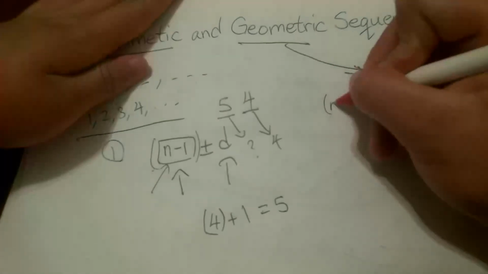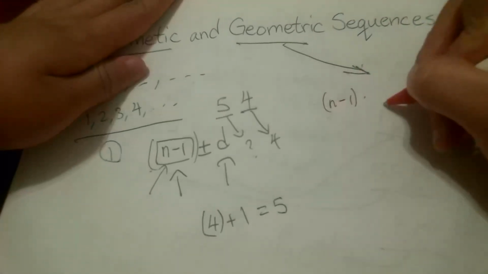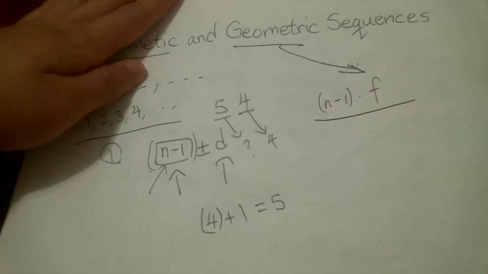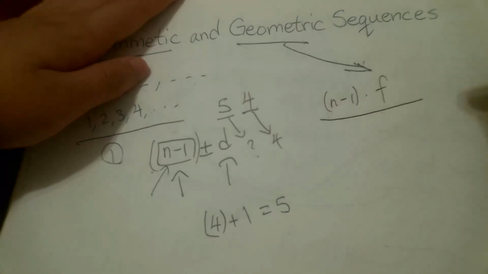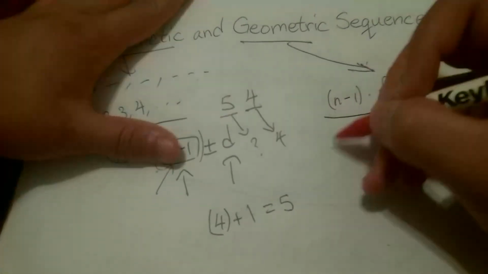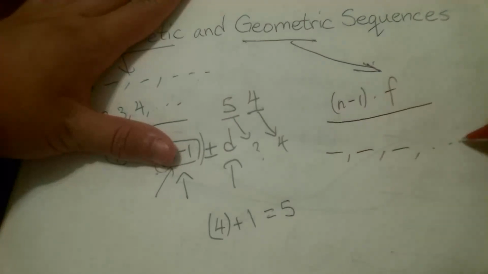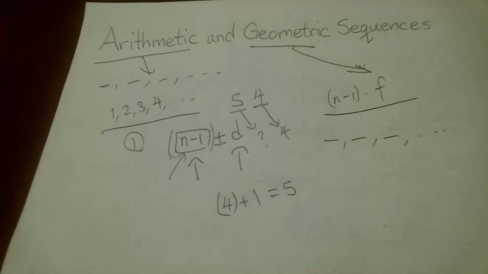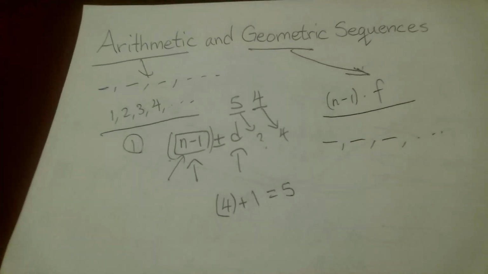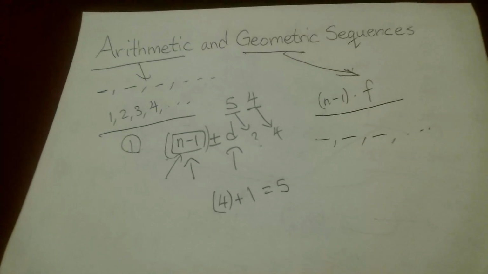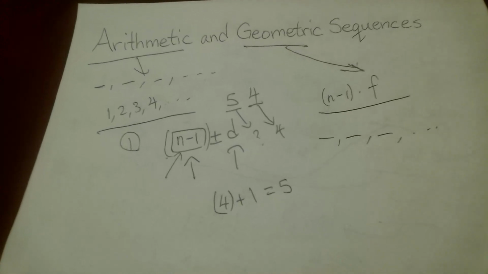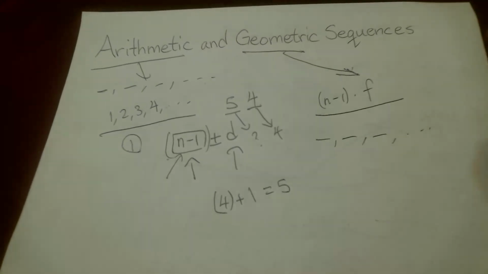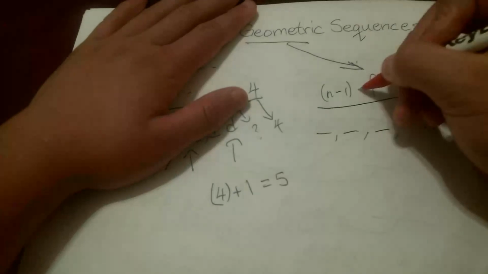So this is the previous term, n minus 1, times the common factor, which I'll just put as f. This is what we would use to find the next term for a geometric sequence. A geometric sequence also stretches on to infinity. Sooner or later, when it gets into very high places, like maybe the millionth place, it would be a large enough number to be called infinity, but we won't be getting to those numbers today.